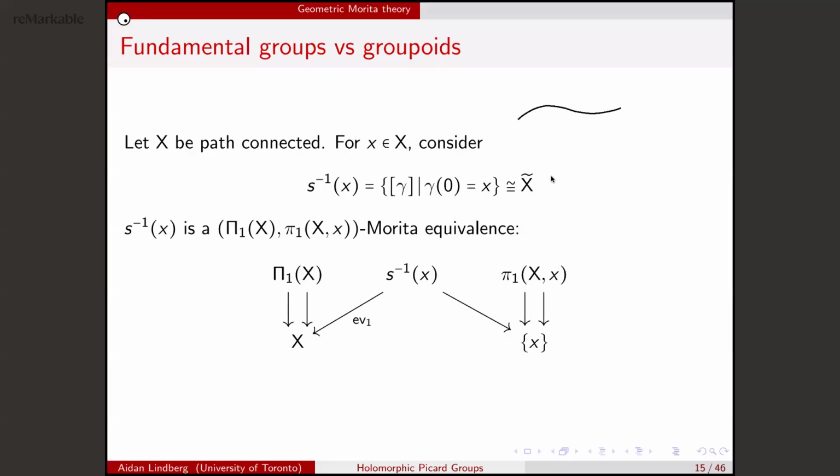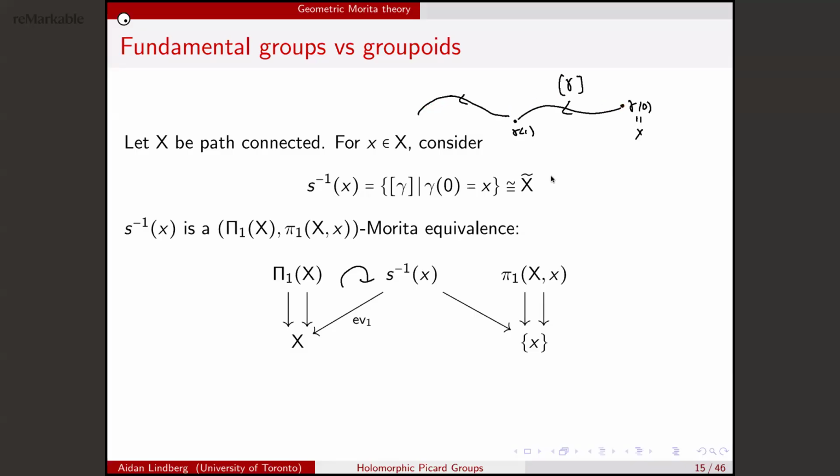Let's pick some path here, gamma, and let's say this is gamma of 0, this is x. There's a left action, which is saying that if I have a path which starts at gamma of 1, the left action is just given by post-composition. I'll get a new path which starts at x by just moving along this entire line.